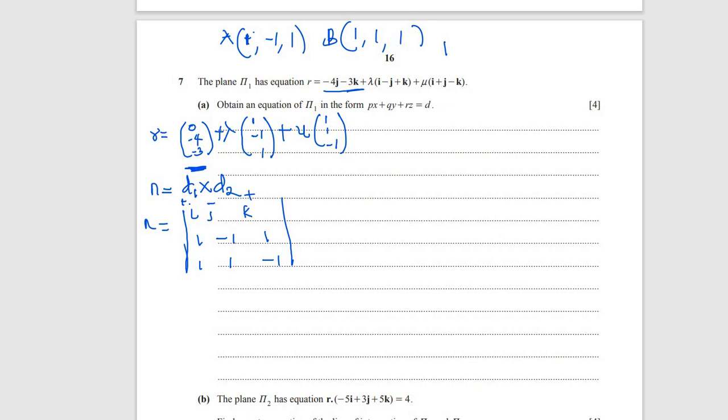Since we are using determinant, the first one will be plus i. When you bring plus i out, you're going to have minus 1, 1, minus 1, 1.